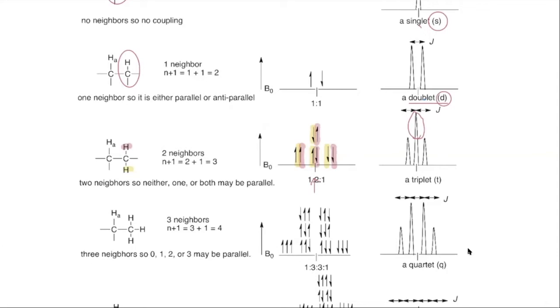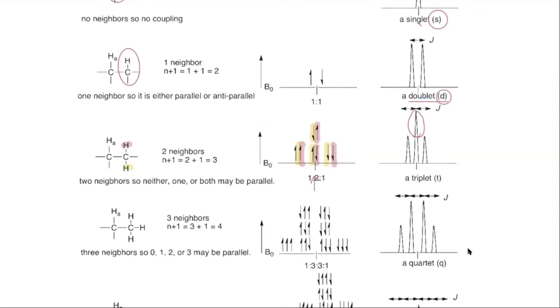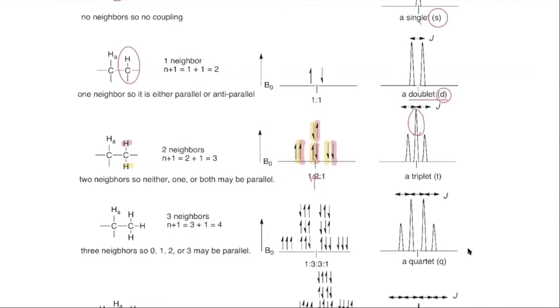There is twice the probability of one spin up and one spin down, so we count it here. I'm expecting to see this integration to be higher than both spin up or both spin down. Sometimes the J coupling between each peak is going to be really small, and you cannot really tell if this is a triplet or not, unless you are really familiar with the shape of that.